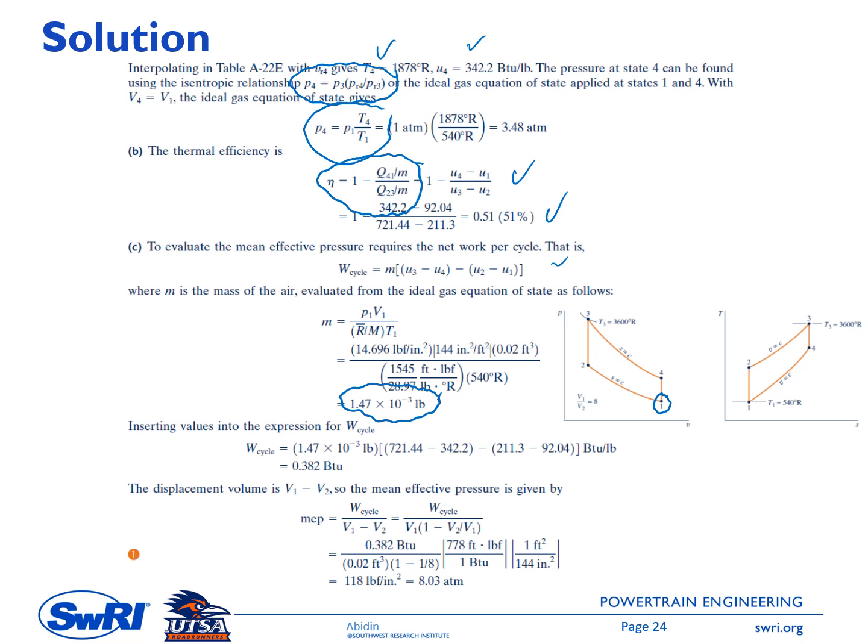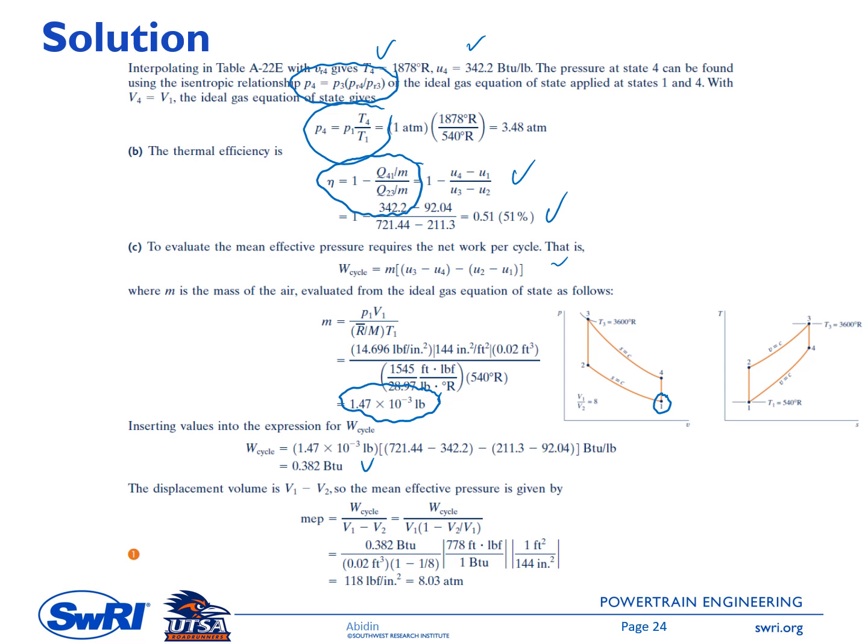So 1.47 times 10 to the power of minus 3 pound. And then we plug in the numbers to get the net work there, 0.382 BTU.